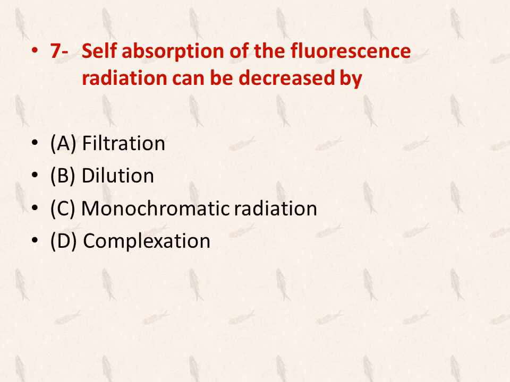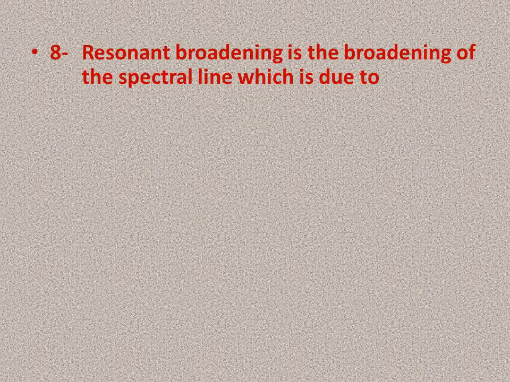A is filtration, B is dilution, C is monochromatic radiation, while D is complexation. So let's see the option. The right answer is option B, dilution. By diluting the sample, this interference can be overcome.